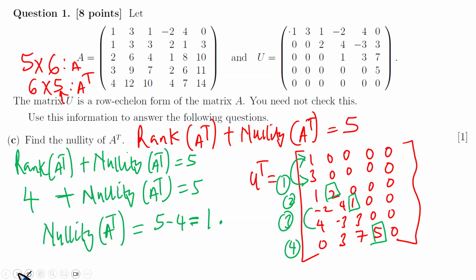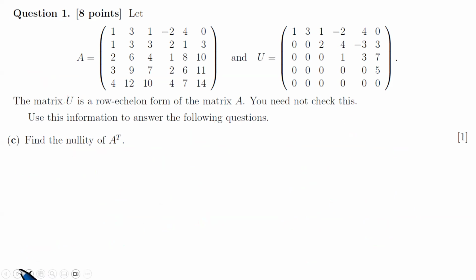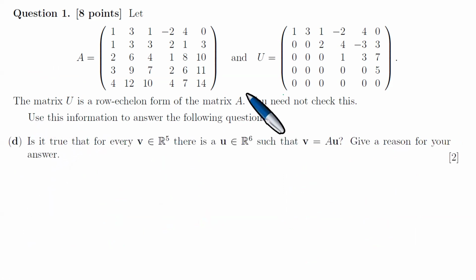Now we proceed to do the next question. In the next case, we're still having the same information. We're saying, is it true that for every vector V in R5, there is a U in R6, because you have a 5 by 6 matrix, such that V equals AU?